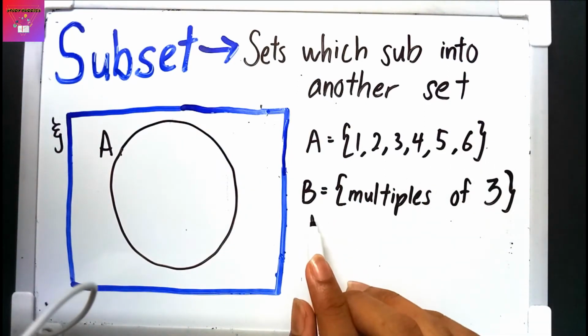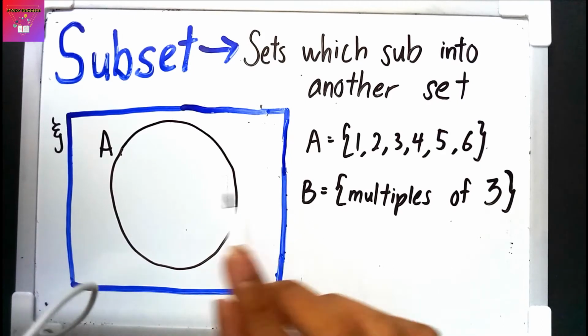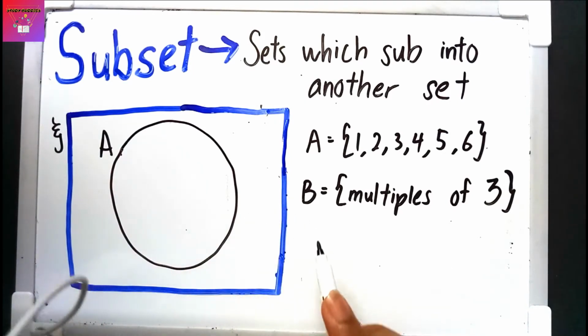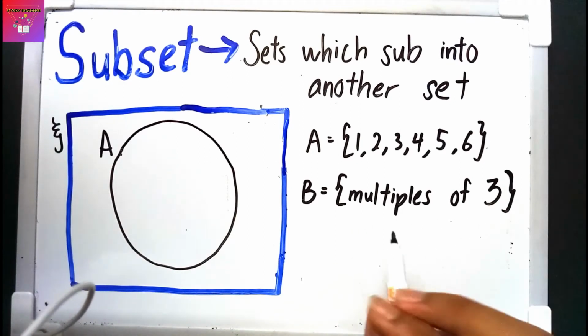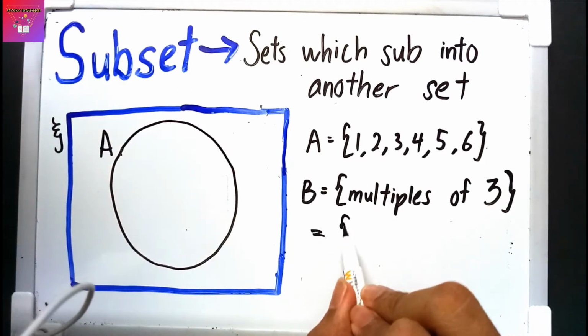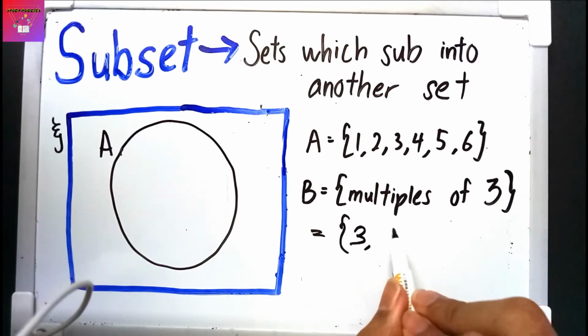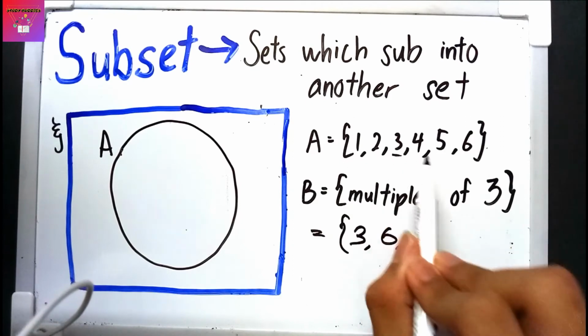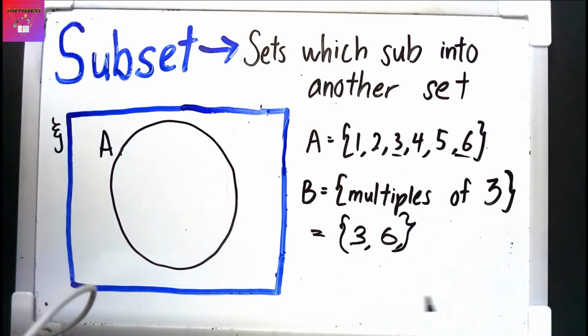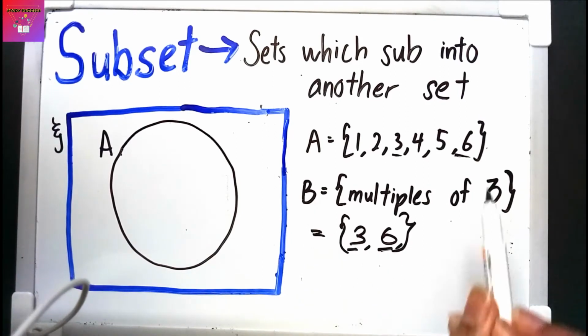We have another set inside this Venn diagram, called set B, which only consists of multiples of 3. Multiples of 3 are actually 3, 6, and so on and so forth, but since we only have 3 and 6 here, I'll just stop with 3 and 6. The elements in B, which are 3 and 6, are coming from A as well.